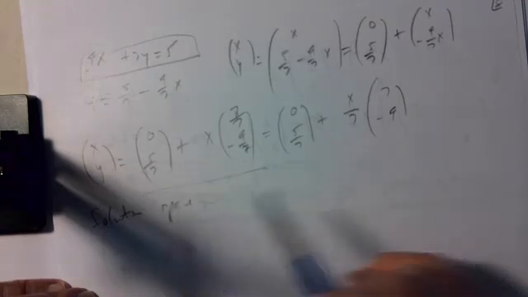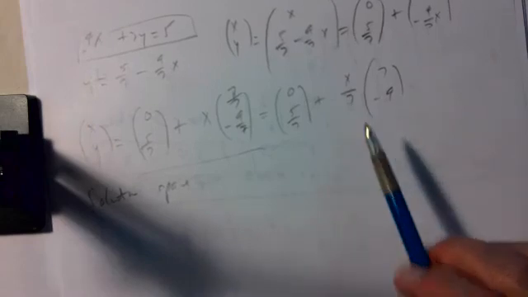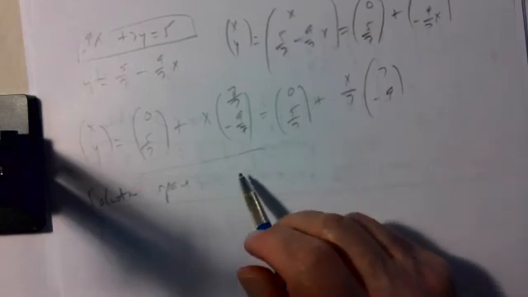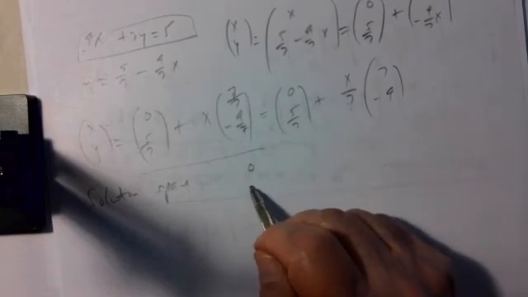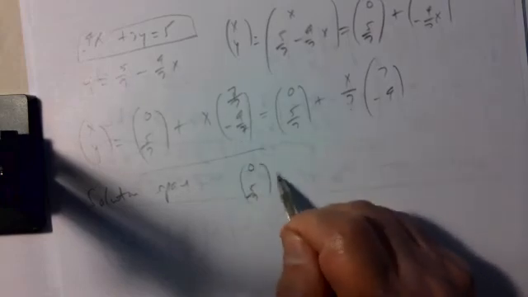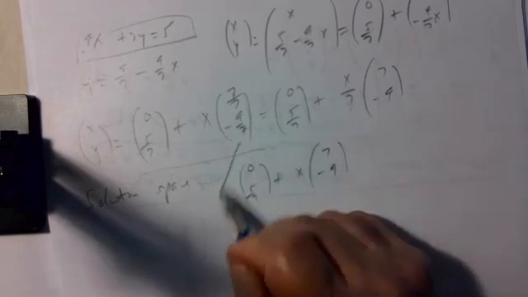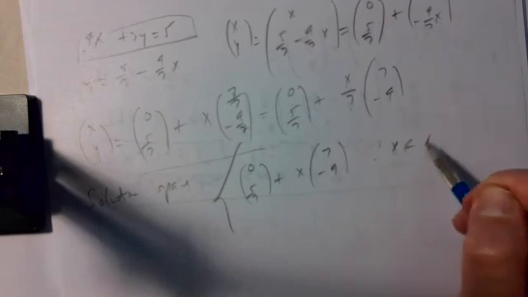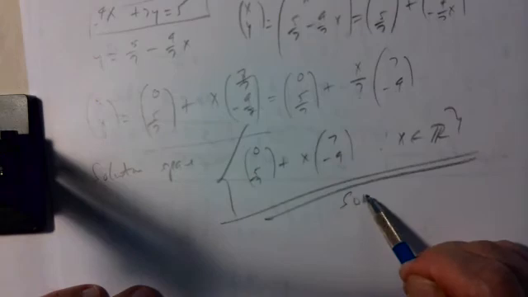And as x runs through all possible real numbers, so does x over 7. So the solution space can be written as the set of vectors 0, 5 over 7, plus x times the vector 7, minus 4, for every real number x. And this is the solution space.